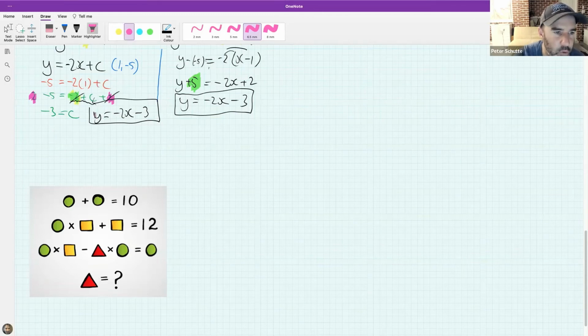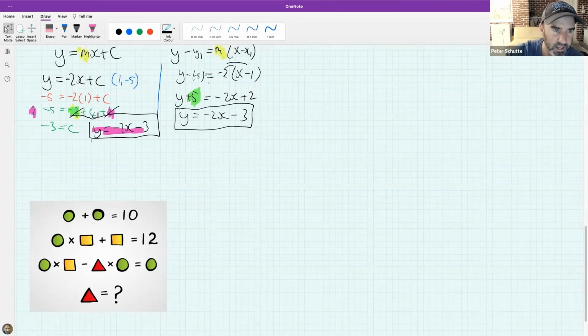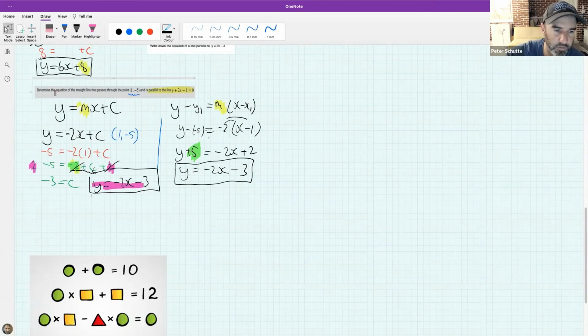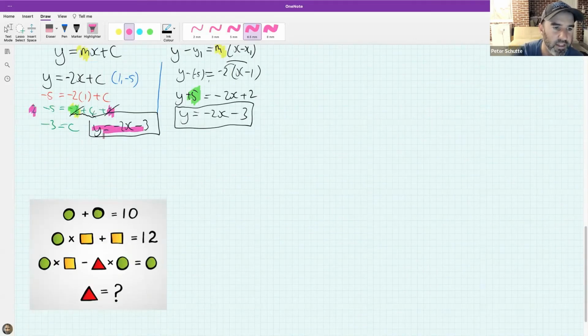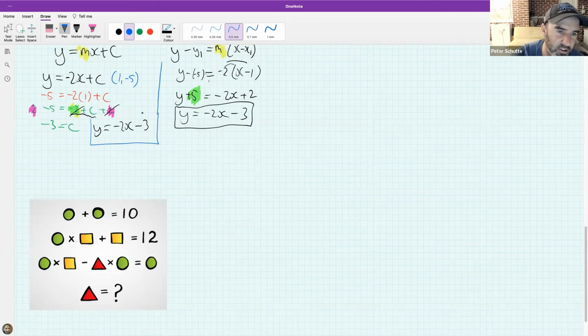Oh, okay. The reason I brought it back at the end was that the goal of the question, which says determine the equation of the straight line. So even though I'd found what c was, that wasn't the answer to the question. The question was, give me an equation of a straight line. And that's why straight lines have the standard form mx plus c.